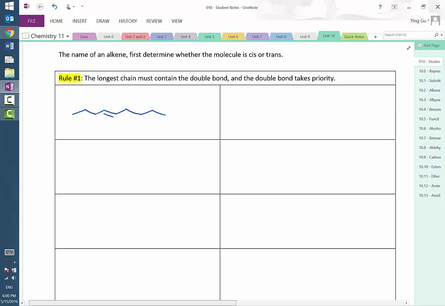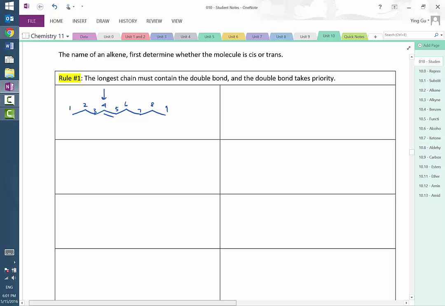So if we go from left to right, this will be 1, 2, 3, 4, 5, 6, 7, 8, 9, and that double bond is going to first appear at carbon 4. If we go the opposite way, 1, 2, 3, 4, 5, 6, 7, 8, 9, the double bond first appears at carbon 5. So we are going to go with the first numbering system from left to right so that the first appearance of the double bond occurs at carbon 4.